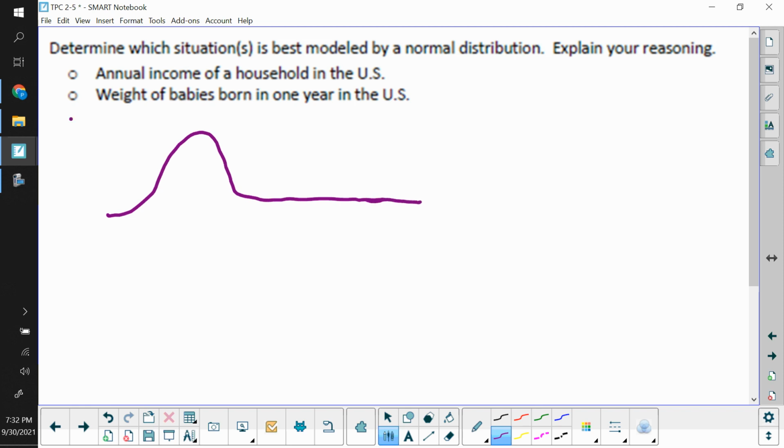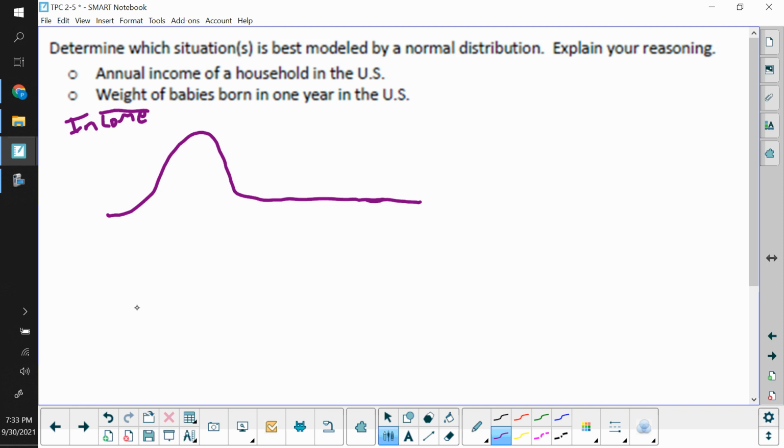So this one's our income, and it would have a big tail to the right, because the richest people, billionaires, are making so much more than people making, say, 60,000, 70,000, 100,000. That's so much less than the millions and billions that you're going to have a big tail off to the right.